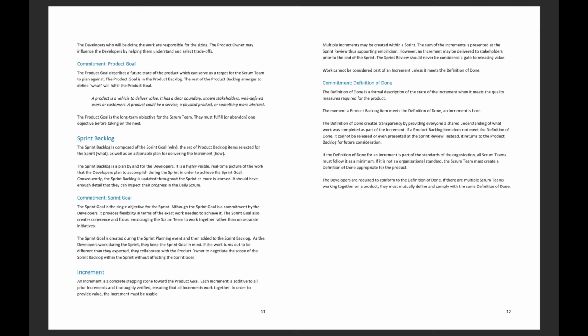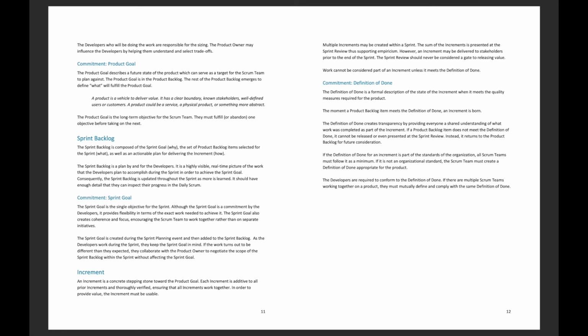It is a highly visible, real-time picture of the work that the developers plan to accomplish during the sprint in order to achieve the sprint goal. Consequently, the sprint backlog is updated throughout the sprint as more is learned. It should have enough details that they can inspect their progress in the daily Scrum.